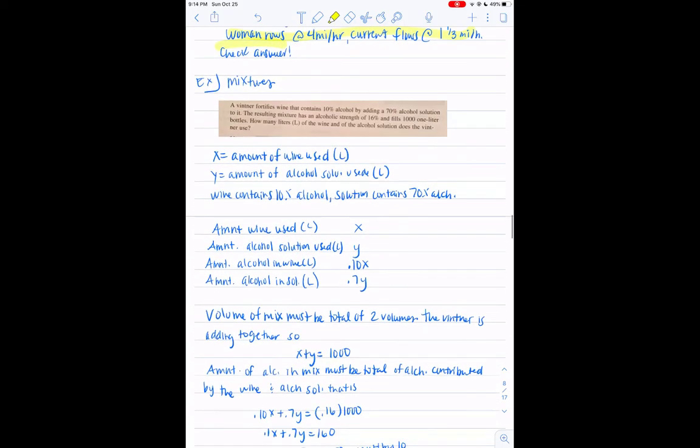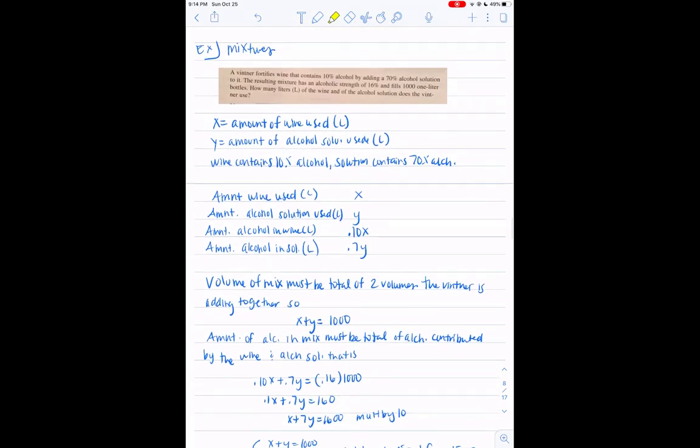Okay. So my next example is involving mixtures. So a vintner fortifies wine that contains 10% alcohol by adding a 70% alcohol solution to it. The resulting mixture has an alcoholic strength of 16% and fills 1,000 1-liter bottles. How many liters L of the wine and of alcohol solution does the vintner use?